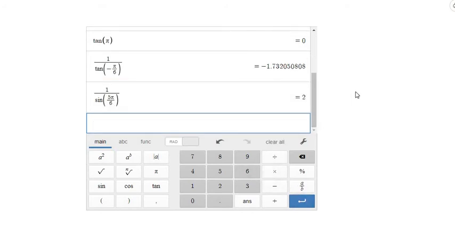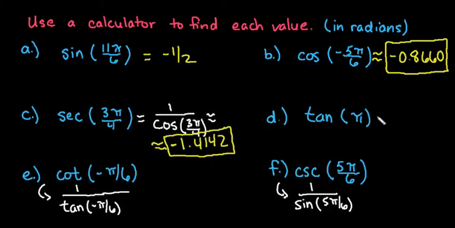And we see that it is 2. So let's go ahead and write these 3 down, and then we will be finished. So tangent pi is 0. Cotangent of negative pi over 6 is approximately negative 1.7321. And then cosecant of 5 pi over 6 is 2.